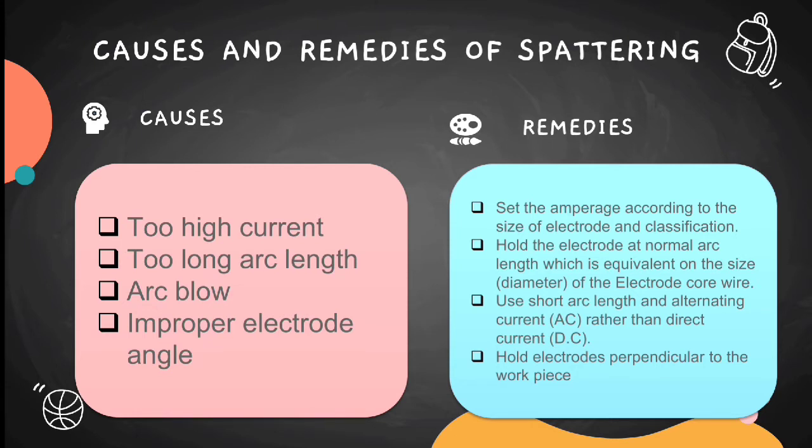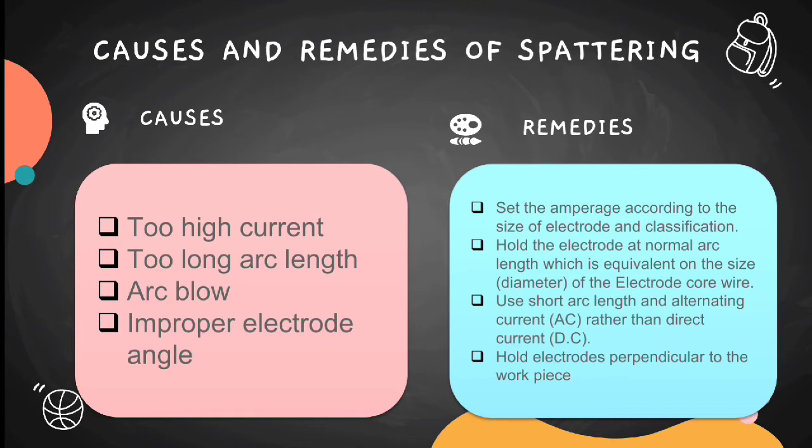We must hold the electrode at normal arc length, which is equivalent to the size or diameter of the electrode core wire. So, it should be half of the size or diameter of your electrode.